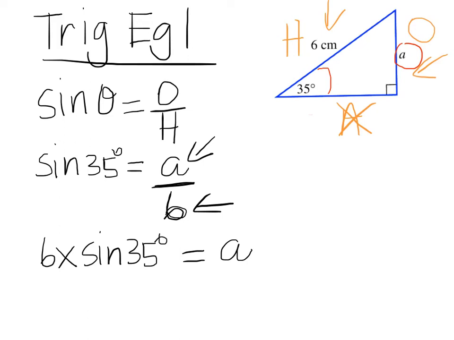Now all we need to do then, we're going to put the 6 times sine 35 into our calculator. Very important, you must be careful making sure that your calculator is in degrees.